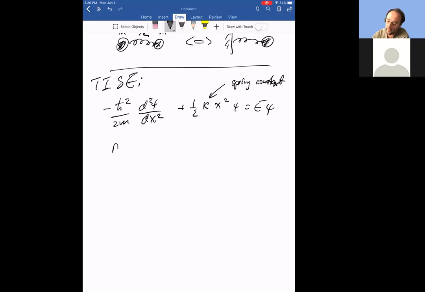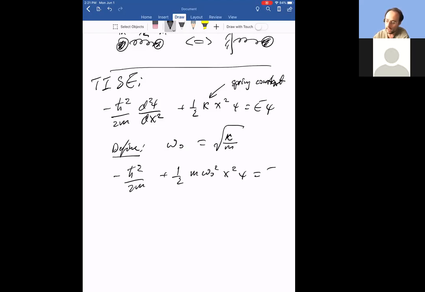And I'm going to define, kind of on foresight, omega naught, wink, wink, angular frequency reference. Okay, so with this definition, I rewrite my problem like this: minus h bar squared over 2m d squared dx squared plus 1/2 m omega naught squared x squared, psi equals E psi.